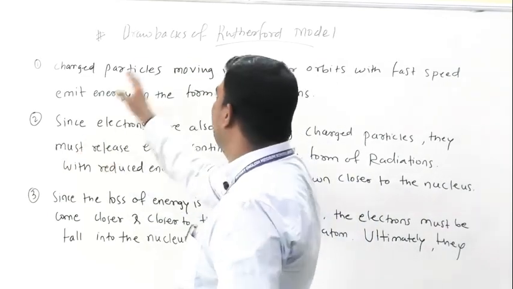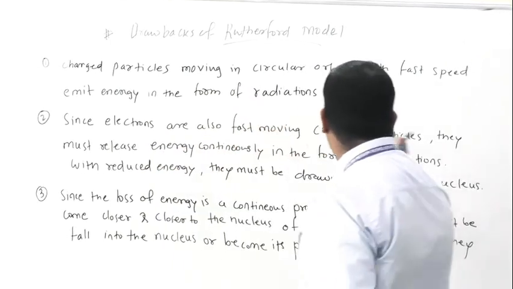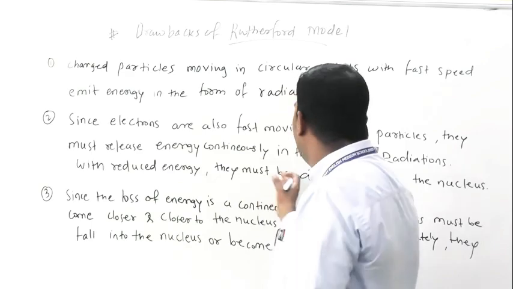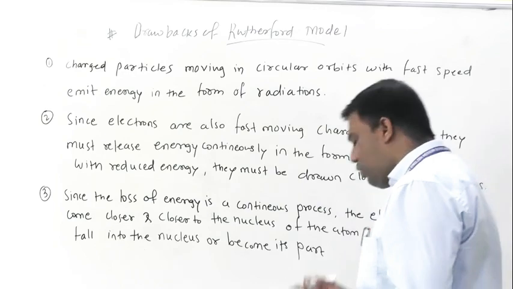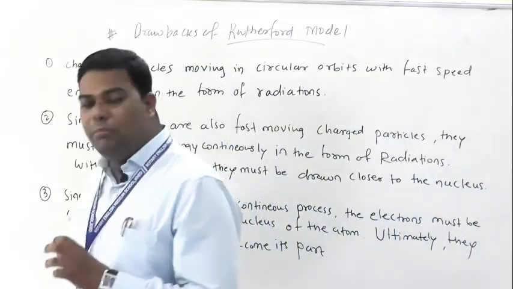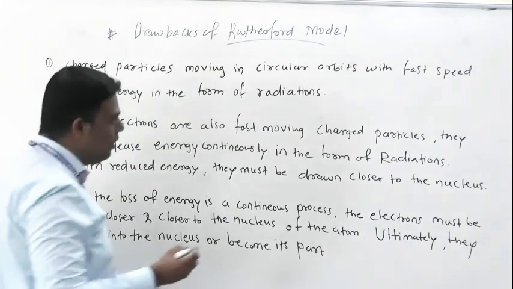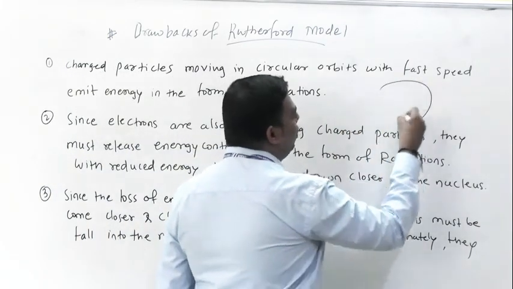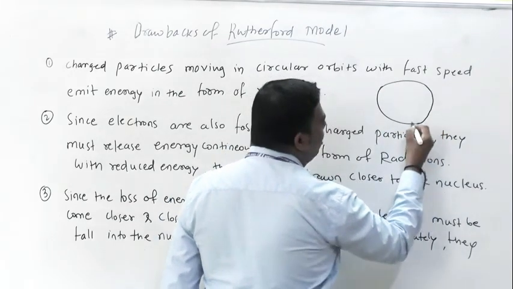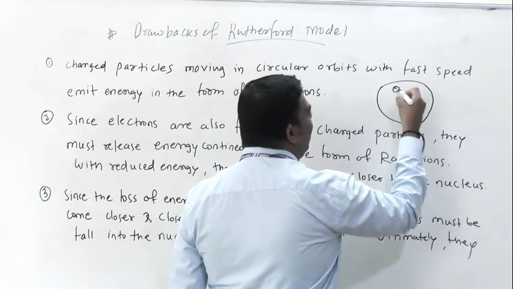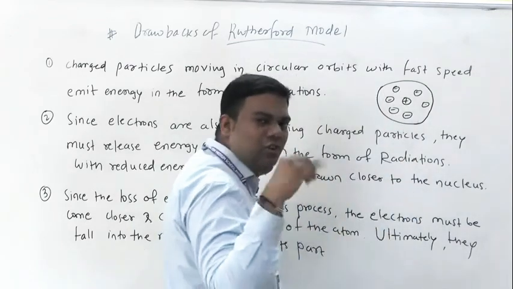See the second drawback of the Rutherford model. Since electrons are also fast moving charged particles, they must release energy continuously in the form of radiation. With reduced energy, they must be drawn closer and closer to the nucleus. What does this mean? Suppose this is your atom, with a positively charged nucleus, and electrons moving with fast speed in a circular orbit.